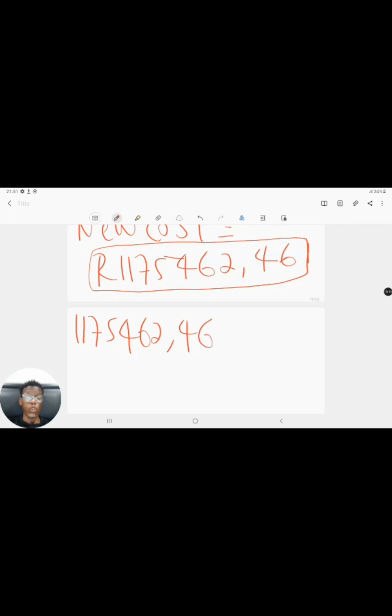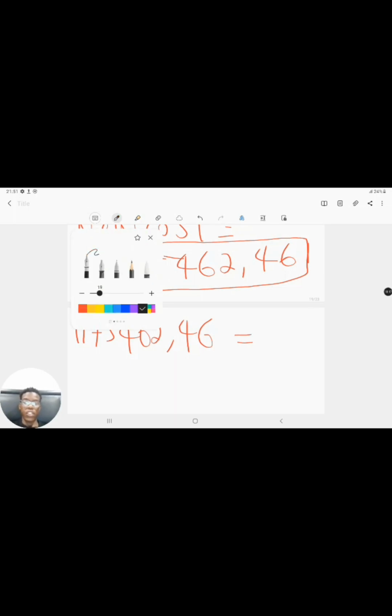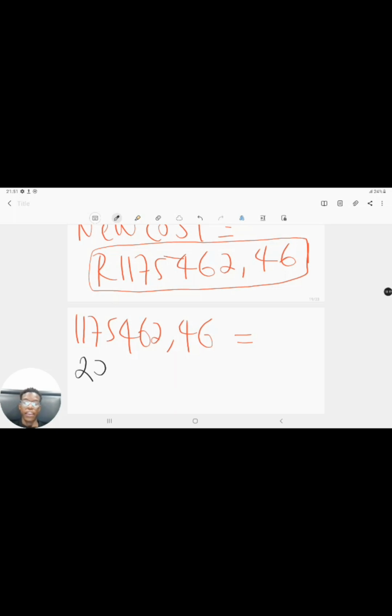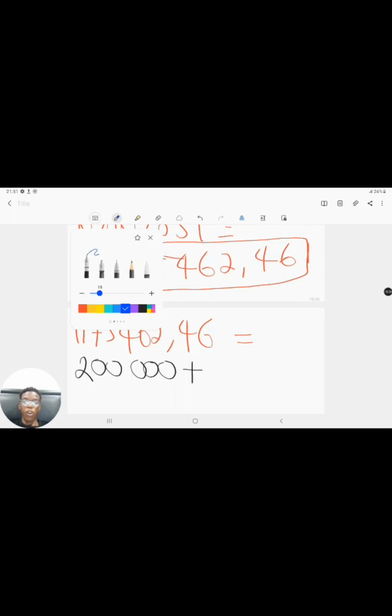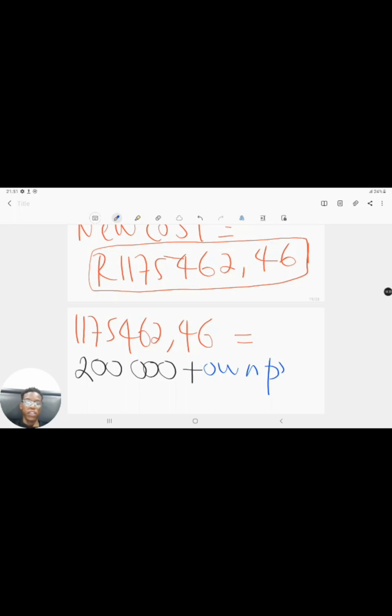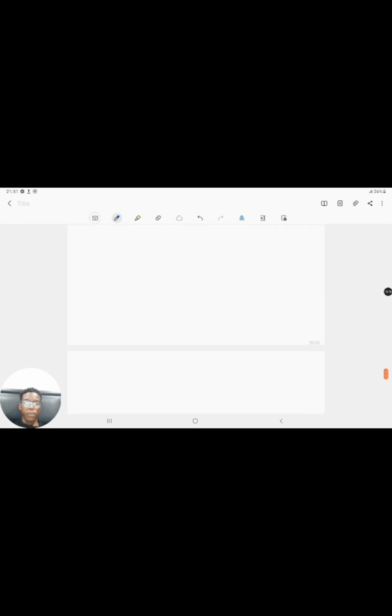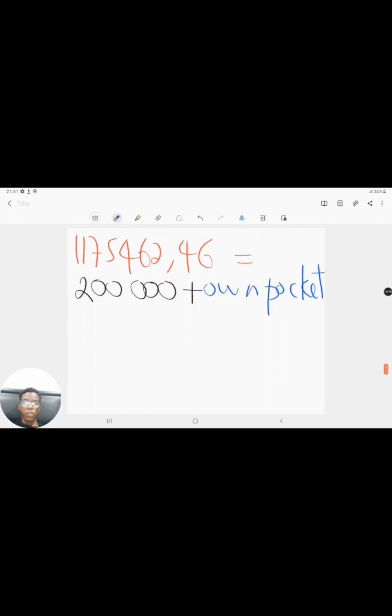This is how much the new tractor will cost 5 years from now, is equal to the 200,000 that he would have gotten from selling his current tractor, then plus the money from his own pocket. This is what we're being asked to calculate: the money from his own pocket.